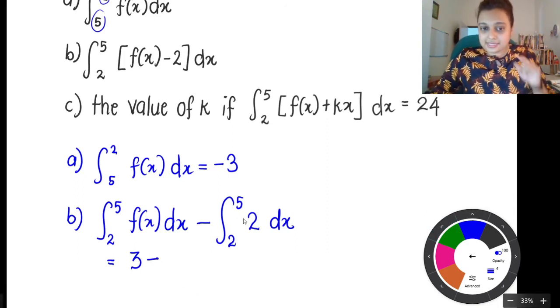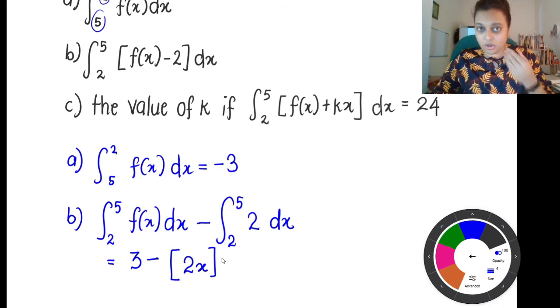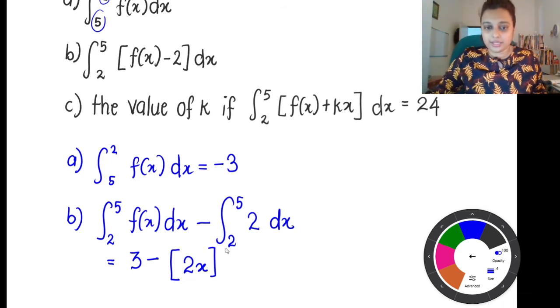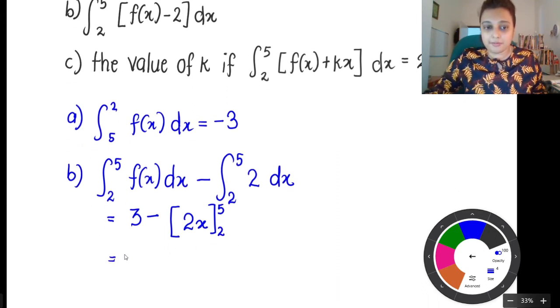Now minus. For the behind one, we must do the integration. So 2 will become 2x. Remember, whenever you integrate a constant number, you must attach x to it. Then behind we write the limits 2 to 5. Now we solve the bracket one.